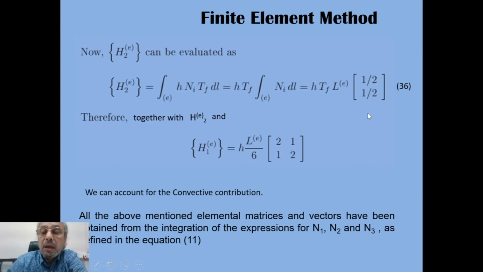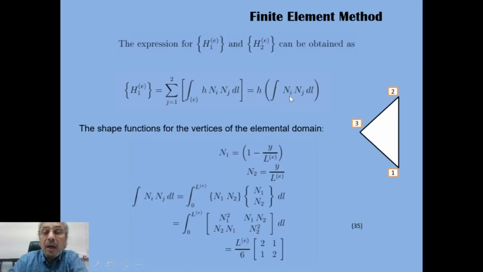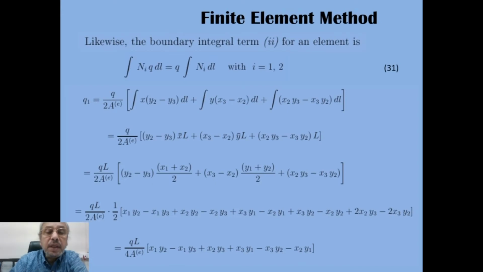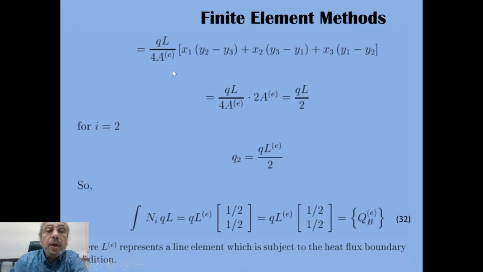That forms the column matrix. Just not to confuse you, I will go back once to show this integration of Ni dl, how we did it in the first slide. So this is the integration of Ni dl. What I said, finally we got whatever is the constant term outside, this is 2a by 4a.